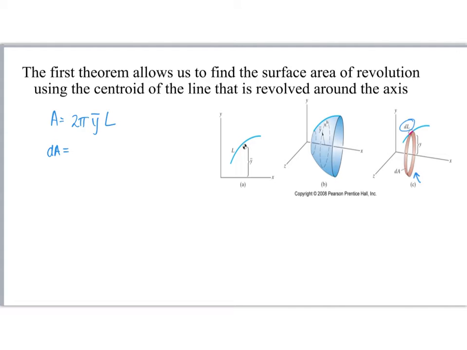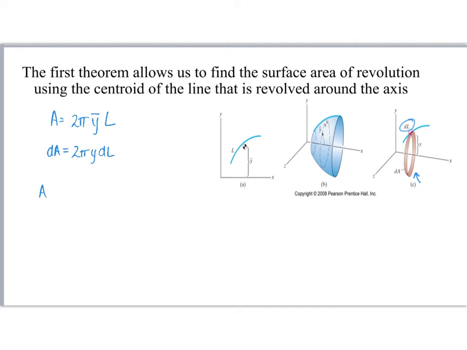So think about that strip. This is basically forming a circle when you're revolving around the x-axis. So the total area of that strip could be calculated using the circumference of the circle, which would be 2 pi y, times the height of the strip, which is dl.